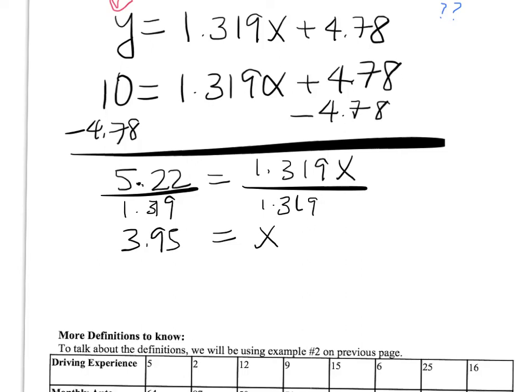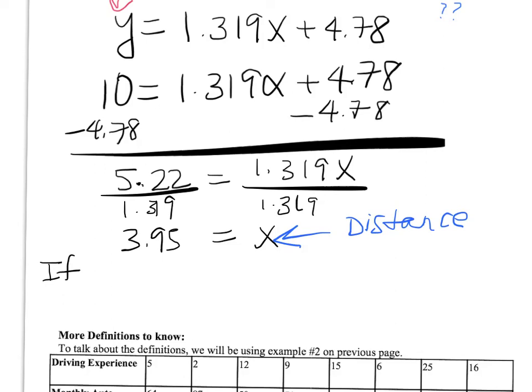So what did we just find? We found that if it took 10 minutes for the student, remember this is distance, it's about 4 miles. So let's write the sentence.